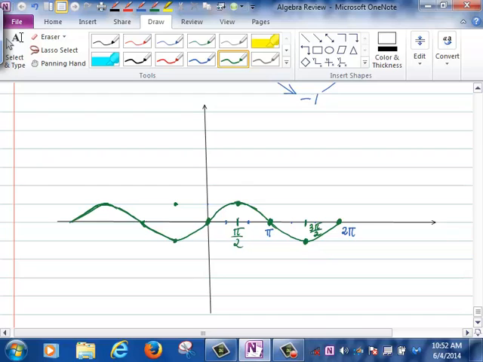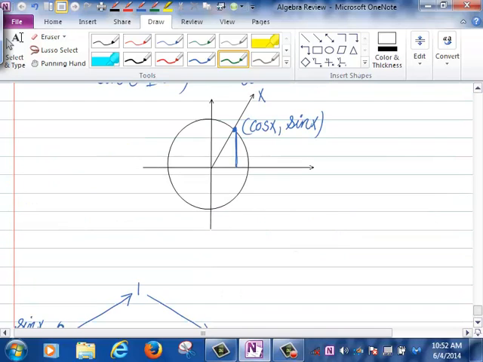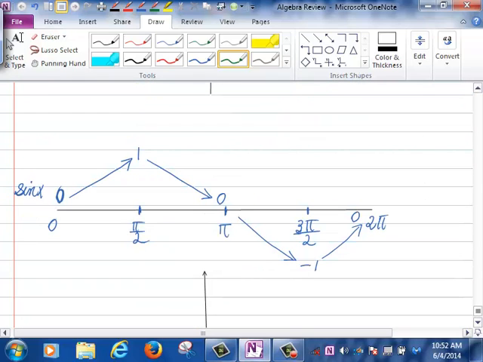Yeah, so let me just say a couple of things here. Red means I'm thinking about cosine, okay? So what is happening to cosine of x? Cosine of x represents the first coordinate of the point, which is the intersection of the terminal side of the angle and the circle, right?